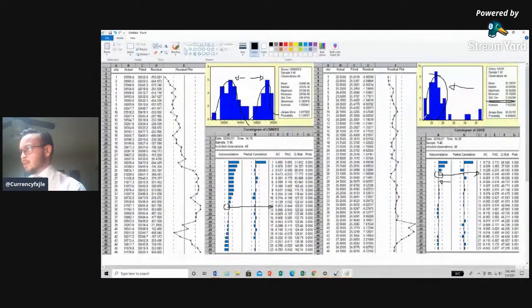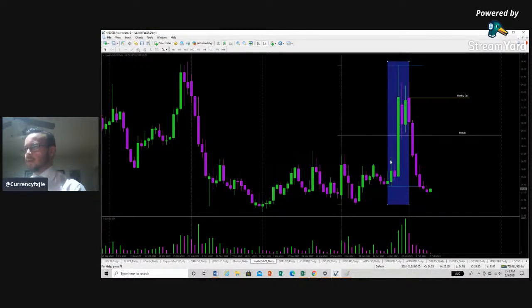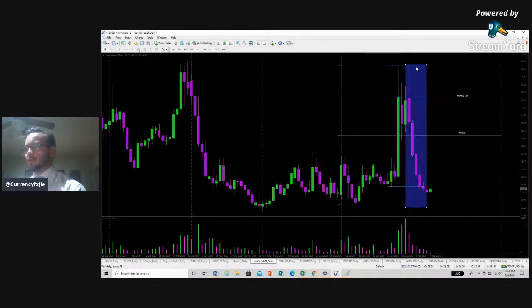But for example, much of the data is concentrated in this range of prices, as we can confirm on the data. And basically what it's saying is that for this increase, it will take the price 4 days to pull back to the mean value. And that is what happened there.